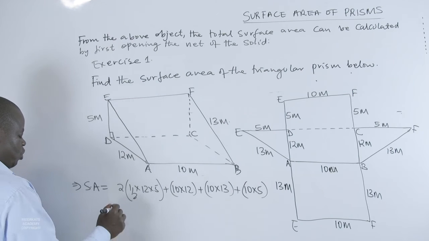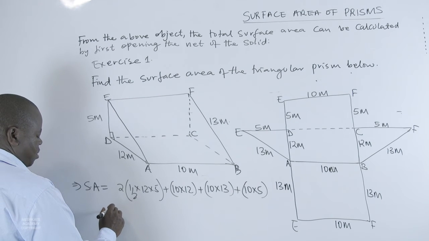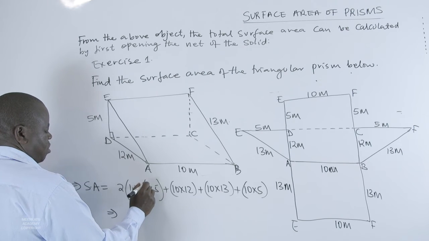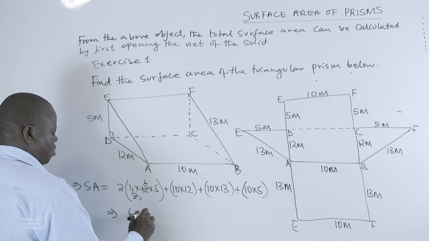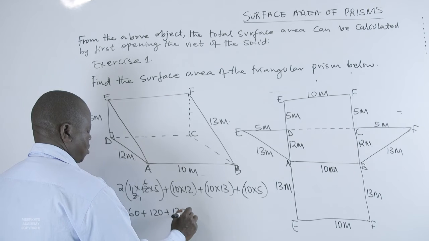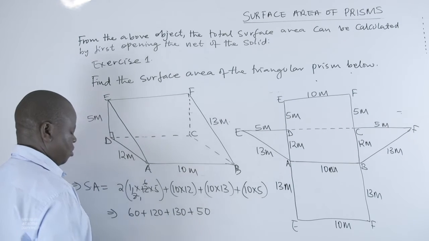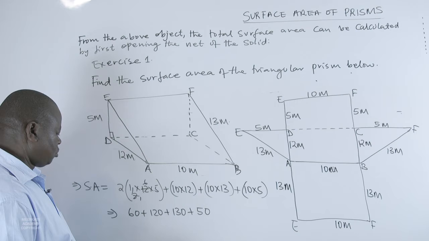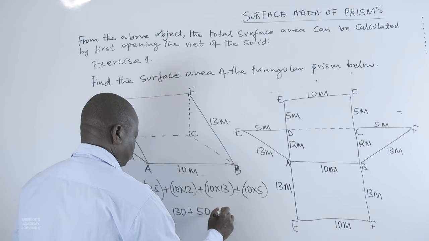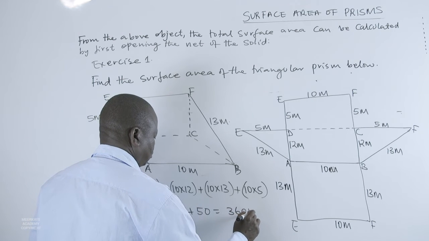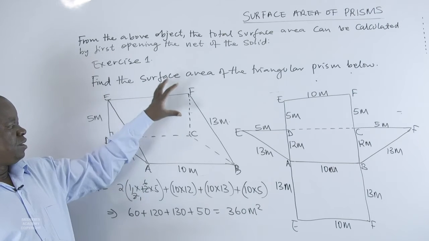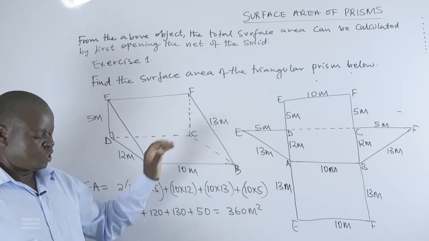So upon simplification, we obtain 360 meters square as the total surface area of this particular prism.